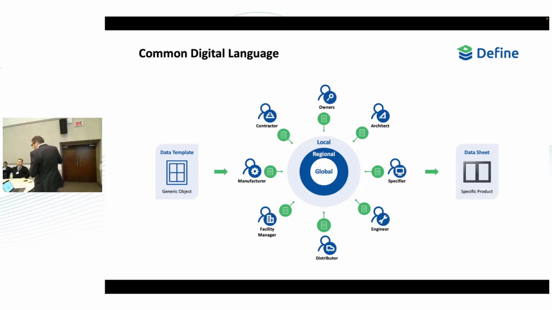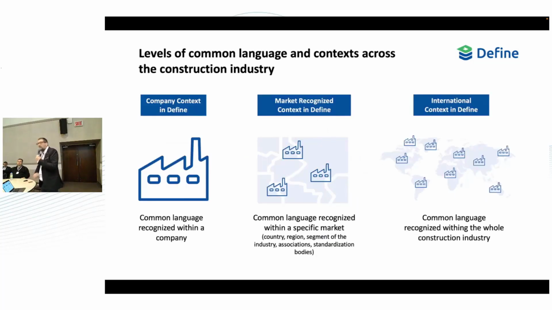We have the global, the regional, and the local one, and I think that's maybe better exposed here. This common language, what you call international, comes from the standards. I mean, no discussion. You've got your code explaining compressive strength for concrete. That's the international context, sorry.